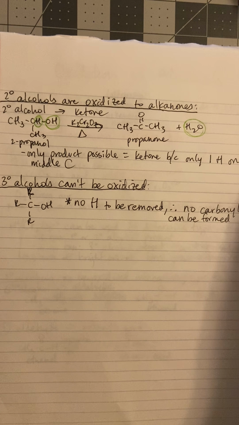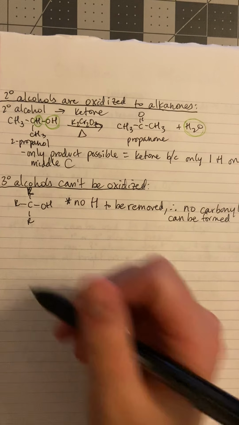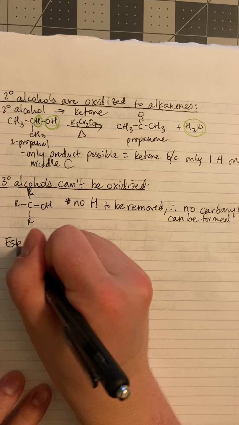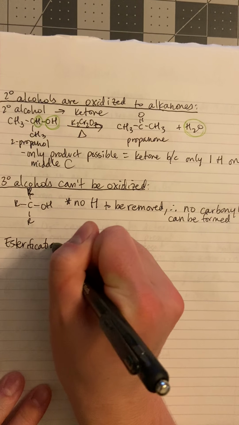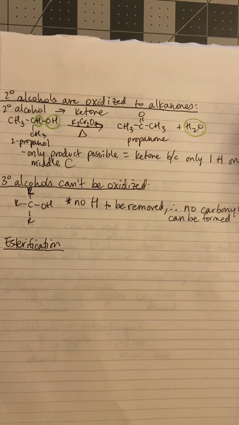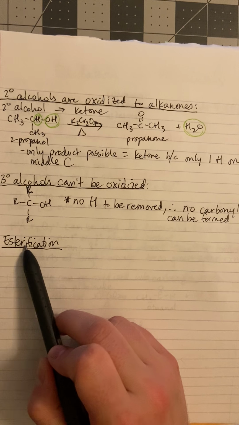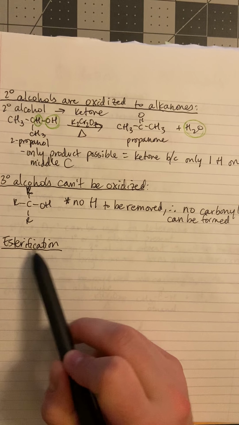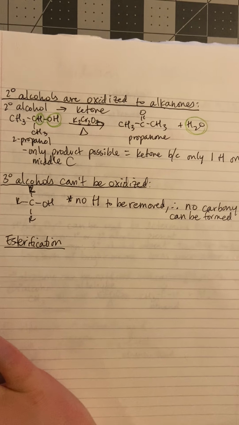Just checking my notes really quick. Let's talk about esterification really quickly. So we have the word ester here, and ification means that we are making an ester.